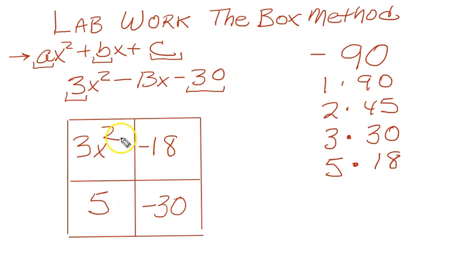Now we're going to do what we did before, and I'll even change colors here. What can we factor out horizontally here? And remember, there's an x that I didn't write. And this would be 3x. You can factor out this way. Now, what can I factor out this way? A 5.